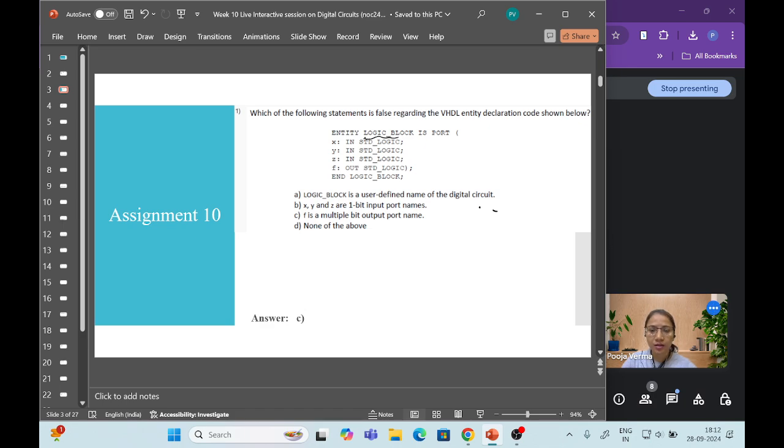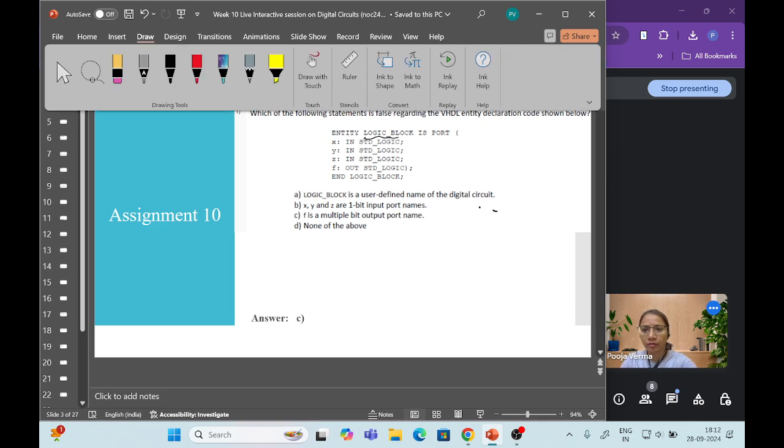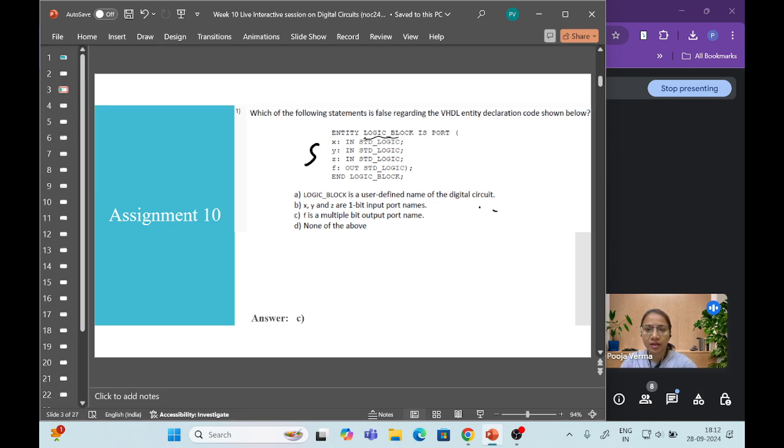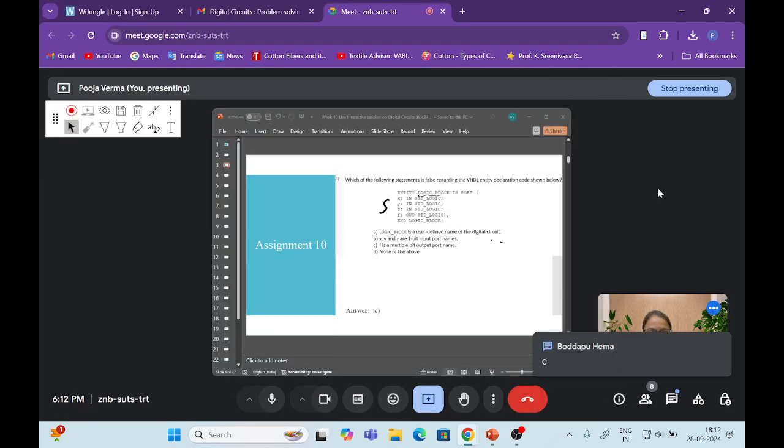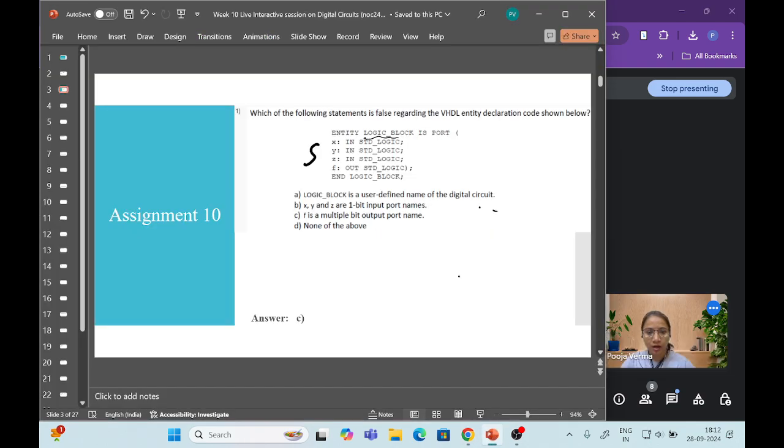Now option B is X, Y and Z are input port names. So yes, these are the inputs because here it is written as in std_logic. The third one, C, is F is a multiple bit output port name.